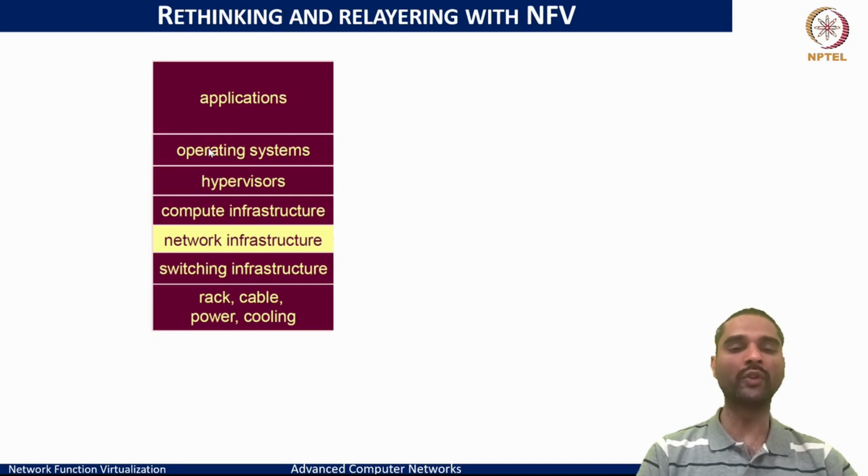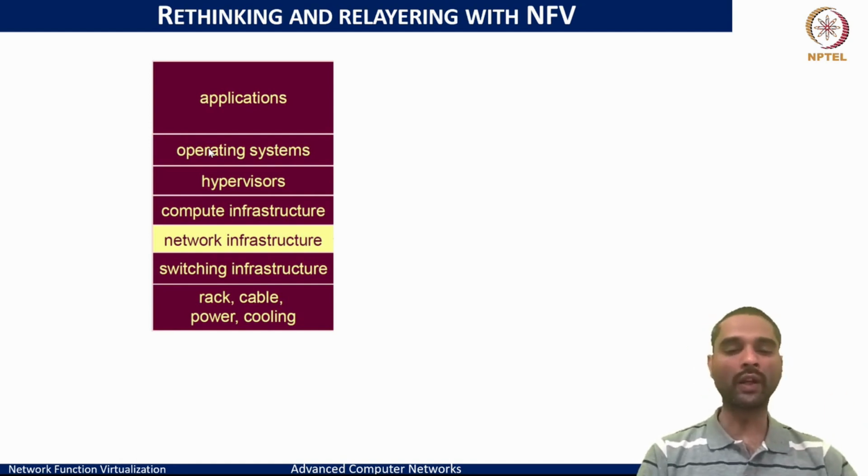At the bottom we have the hardware infrastructure, which consists of the rack, cable, power, and cooling to run the hardware infrastructure, consisting of the compute nodes or compute hardware, x86 machines or any ARM machines or any of the servers, the switching infrastructure like routers, the switch devices, and the network infrastructure that encompasses a variety of middle boxes, which used to be the core of the hardware. And on top of these, we used to have the hypervisors, OS, and applications run.